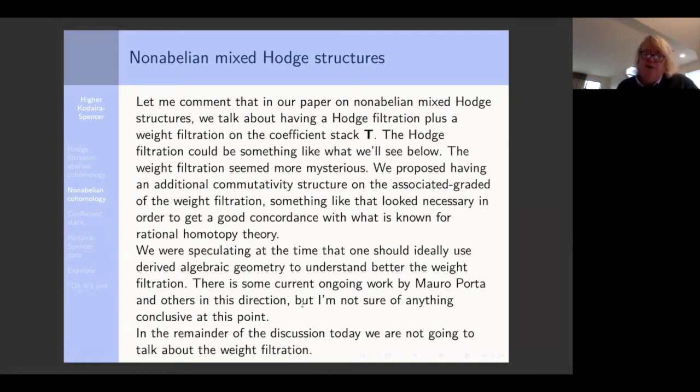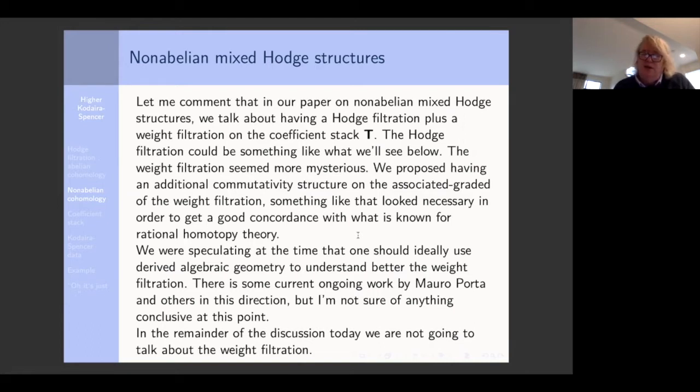And at the time, derived algebraic geometry was just in its infancy, and we weren't able to use that. But we speculated that you should actually use derived algebraic geometry to understand the weight filtration. In other words, our coefficient stack T should not just be an n stack, but it should be a derived n stack. The advantage of a derived n stack is that we have this hidden smoothness property. So we can pretend in a formal sense, at least, that it's smooth.